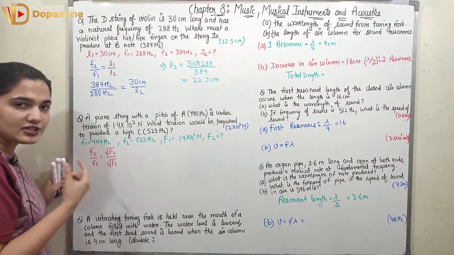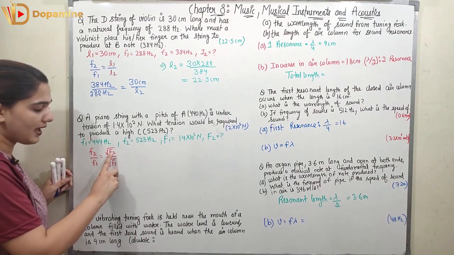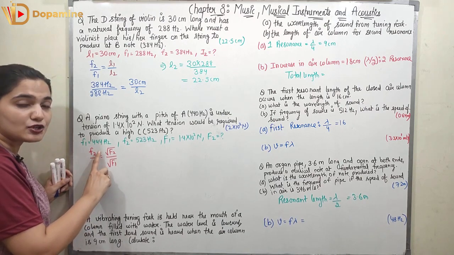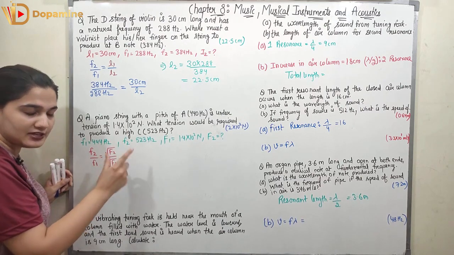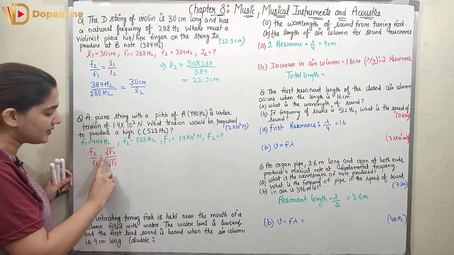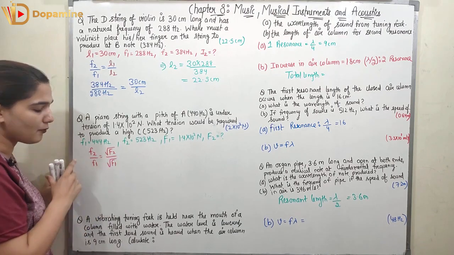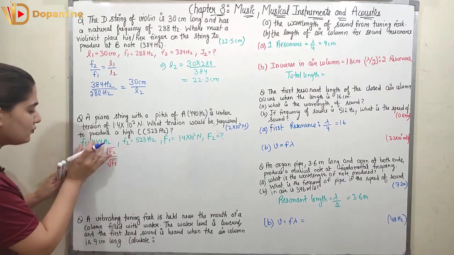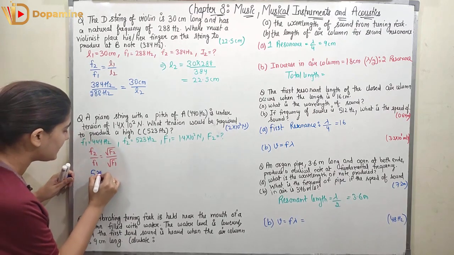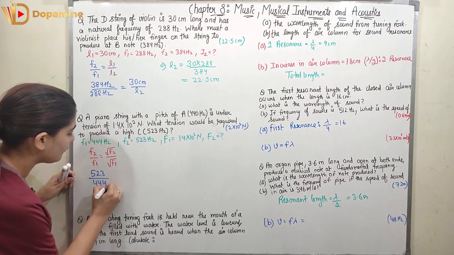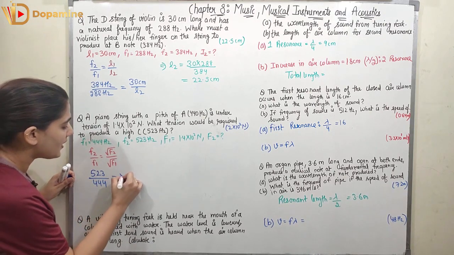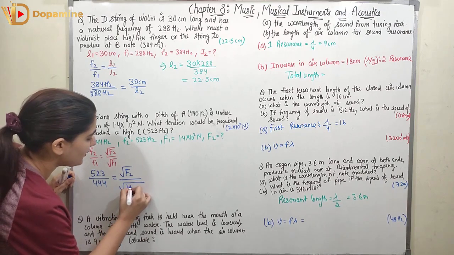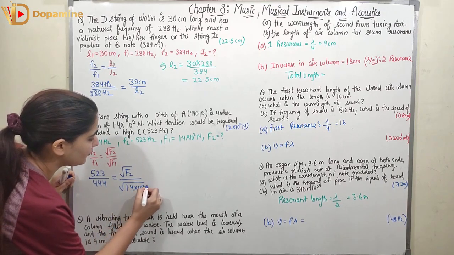So we know the relation between the frequency and the tension. Frequency is directly proportional to under root of tension. So F2 upon F1 can be placed as under root F2 upon under root F1. So 523 upon 444 will be equal to under root F2 upon under root 1.4 into 10 raised to power 2 Newton.